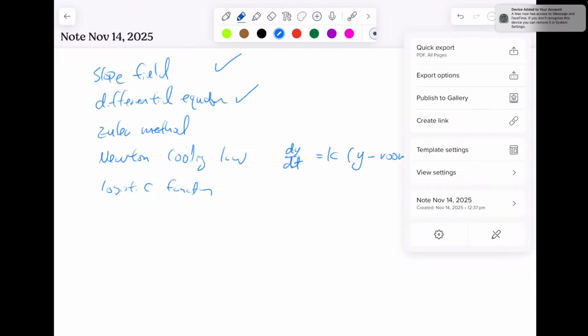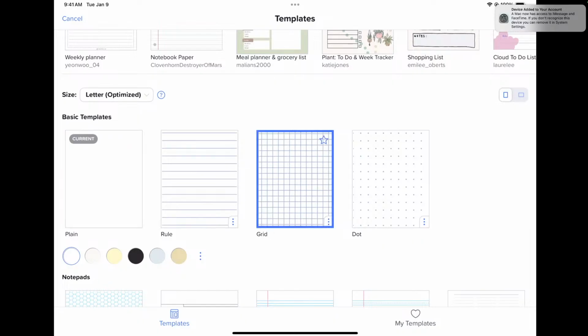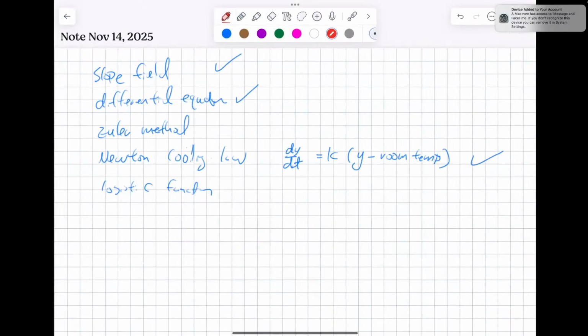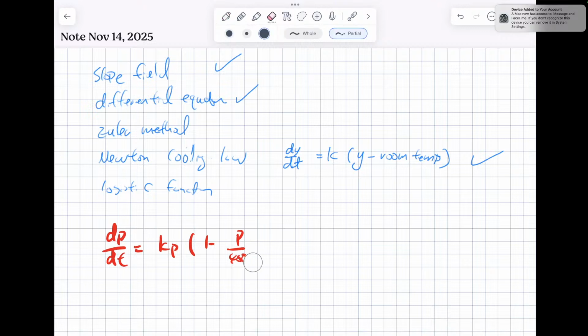Logistic is gonna be based on this equation, which is dP/dt equal to kP times 1 minus P over L. You can do P or y, doesn't matter.